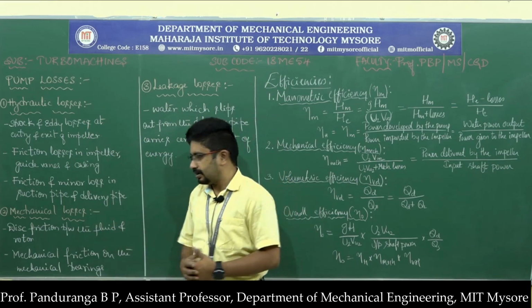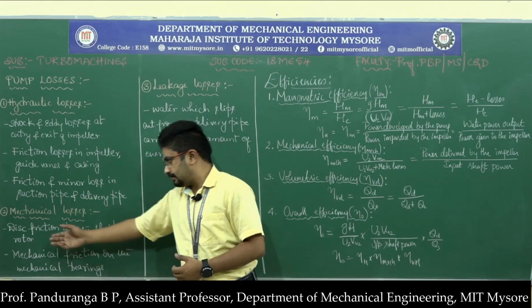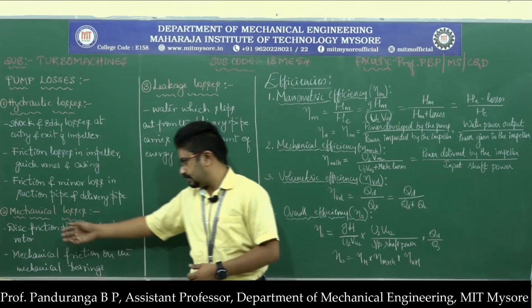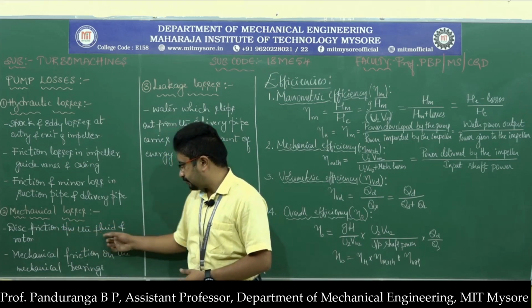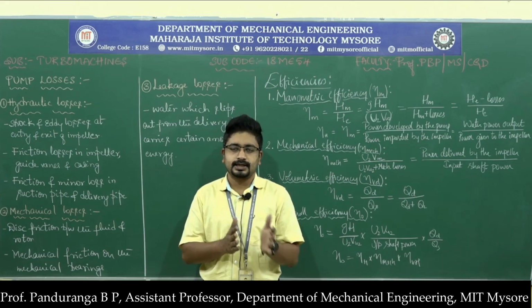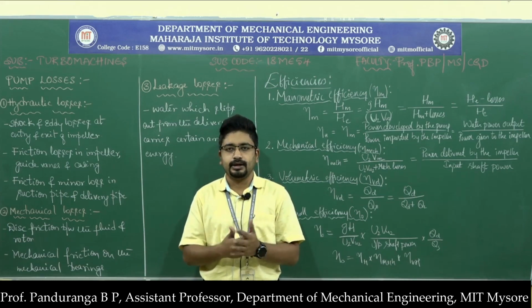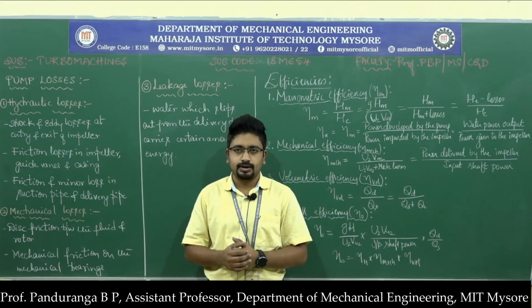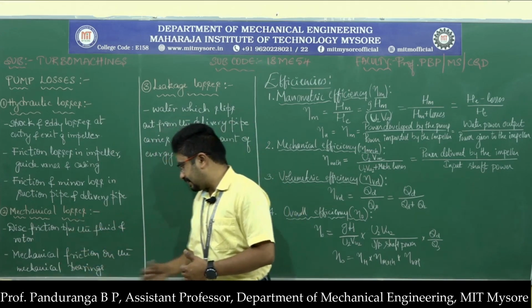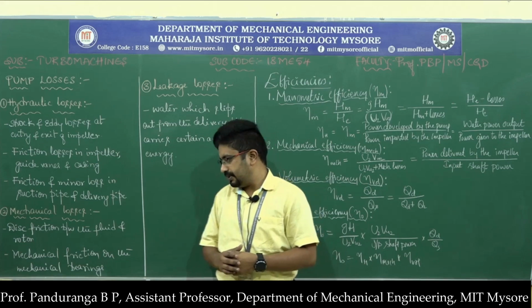Then we have the mechanical loss. In the case of mechanical loss, we have disc friction and mechanical friction. Disc friction is the friction between the fluid and the rotor. When the fluid flows between the stationary casing and the impeller, a friction is caused, and we call it disc friction. And then there will be mechanical friction on the mechanical bearings.